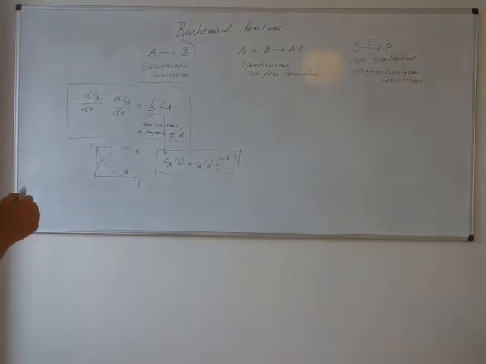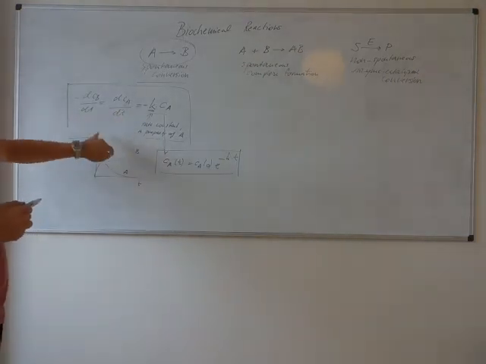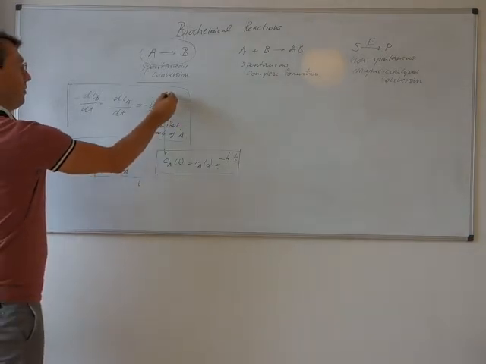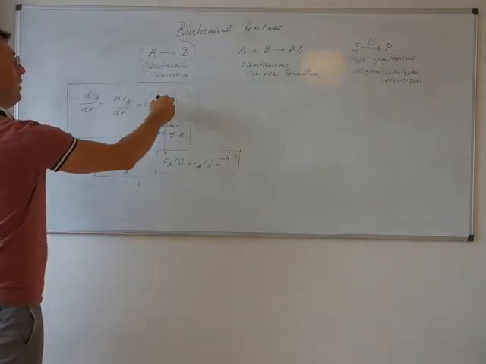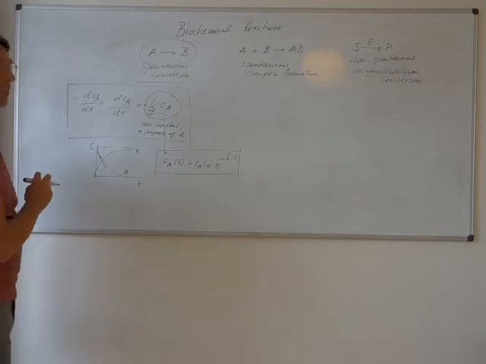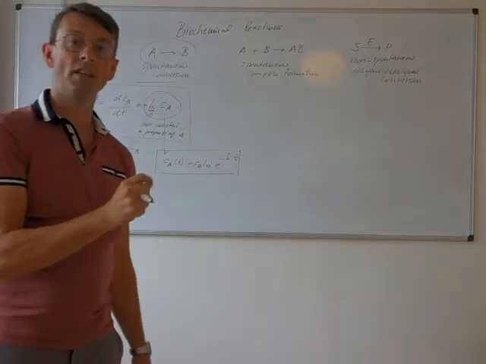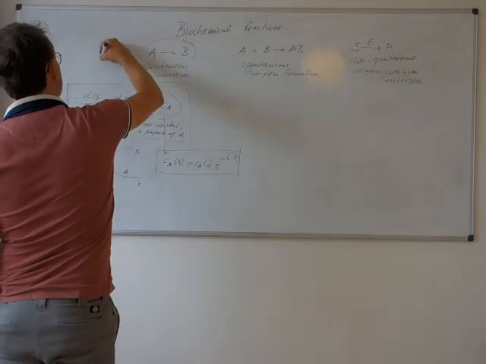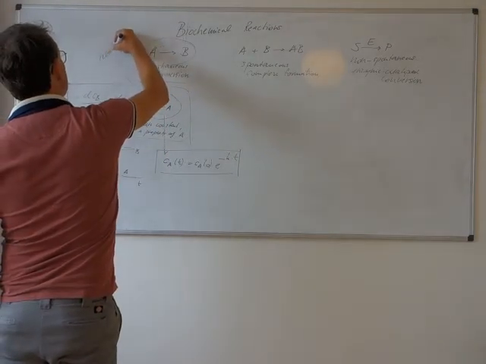We can write down ordinary differential equations that give the slope of these curves. And we can link those to the rate of a reaction, because this is the rate with which A is converted into B. And that is the reaction rate.